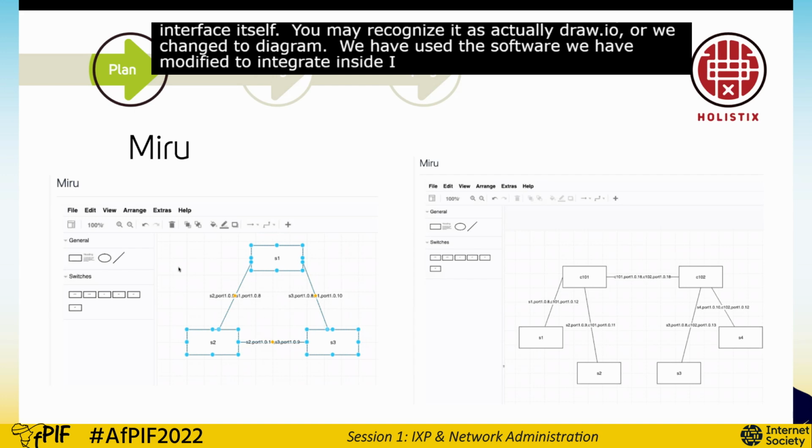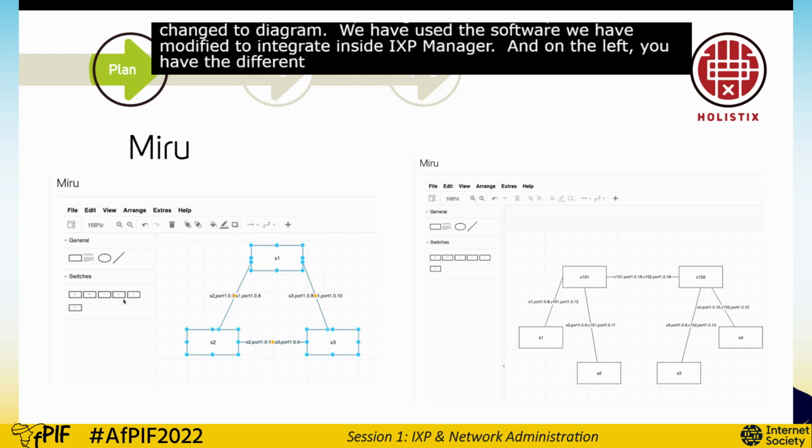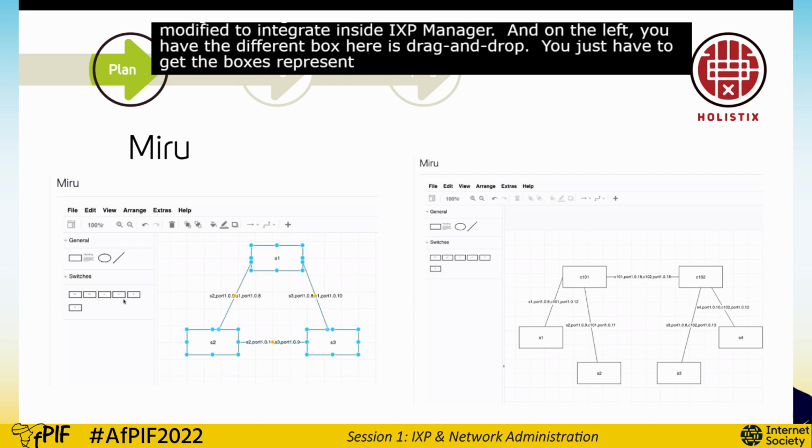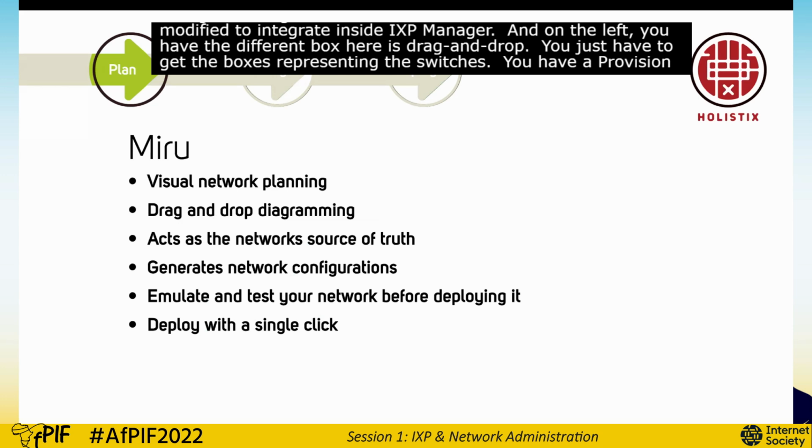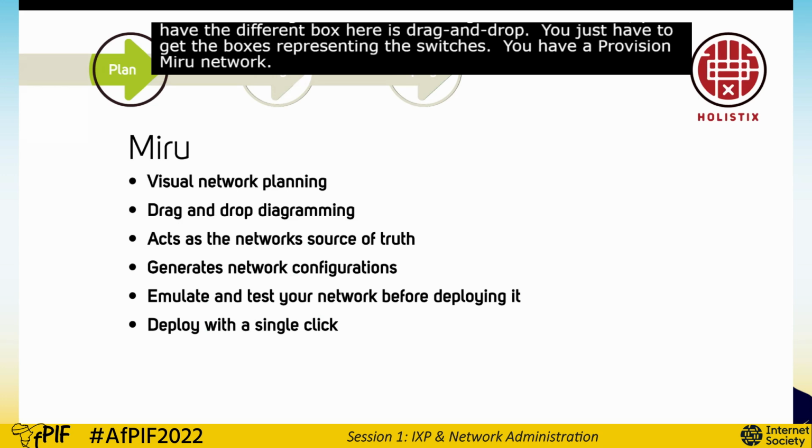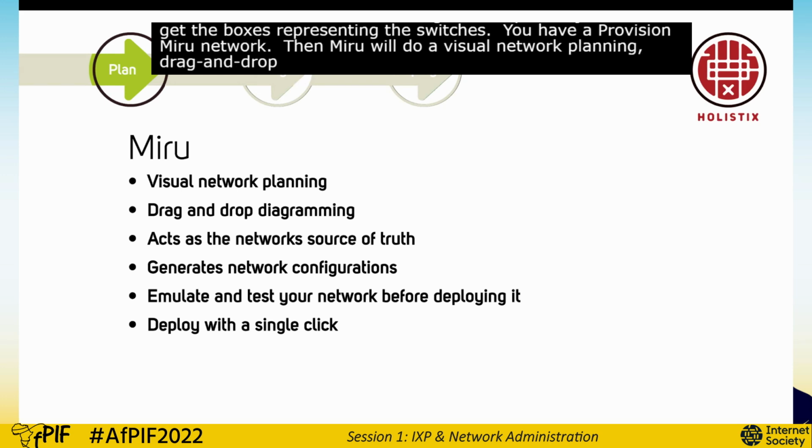On the left, you have the different boxes, which are drag and drop. You just have to get the boxes representing the switches you have provisioned in your network. Then Miru does visual network planning, drag and drop diagramming, and acts as a network source of truth for your entire domain.